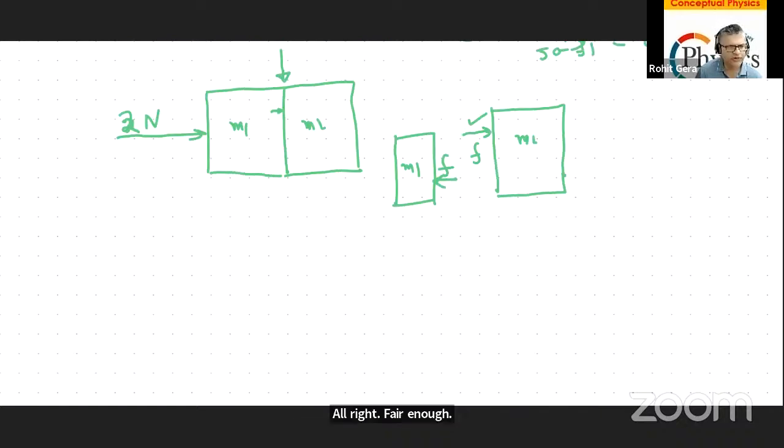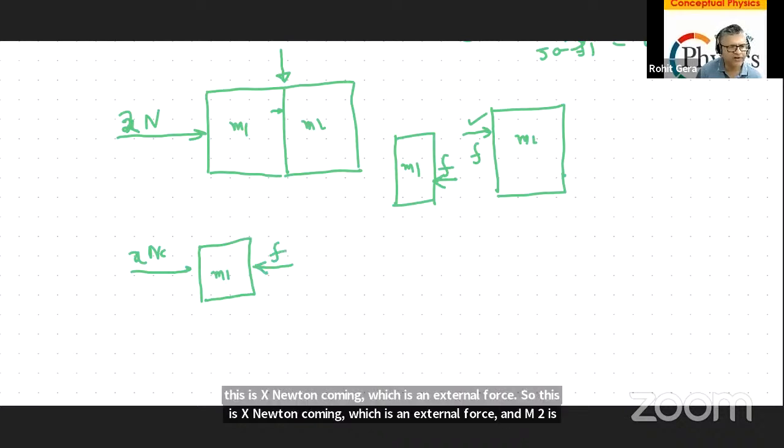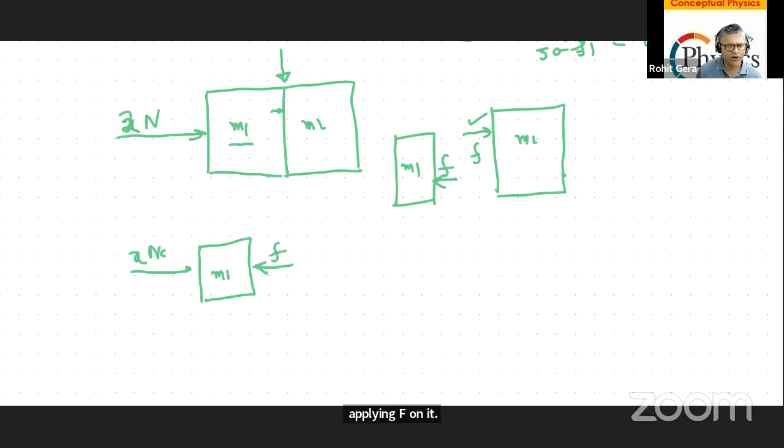Now, if you notice, let's draw the free body diagram of M1. What are the two forces on it? So this is X Newton coming, which is an external force, and M2 is applying F on it. Understood? I'm drawing the free body diagram of M1. It's a free body diagram, meaning isolated from other masses. Look at it as an individual mass and what forces are acting on it.